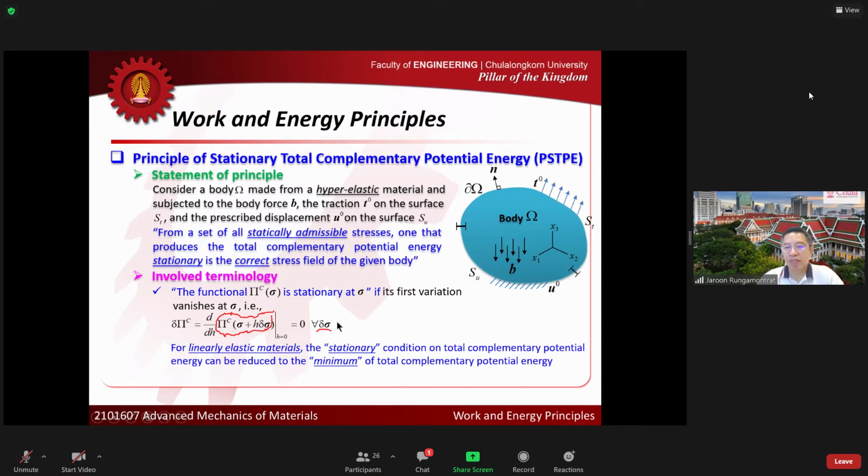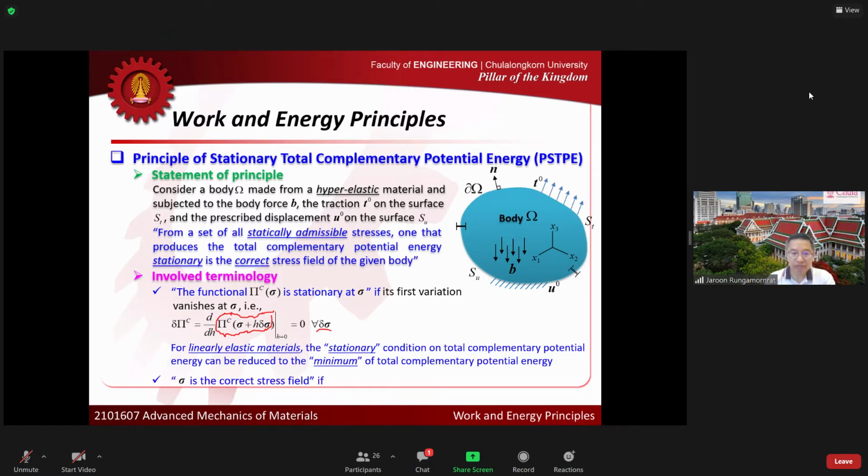The stationary point is simply the minimum point for pi c. The two conditions are equivalent. Typically, we will not use the term stationary for the linear elastic case, which is simply replaced by the minimum condition. We can say that pi c is minimum at that sigma, which is the same as saying that pi c is stationary at sigma. This is valid only for the linear case.